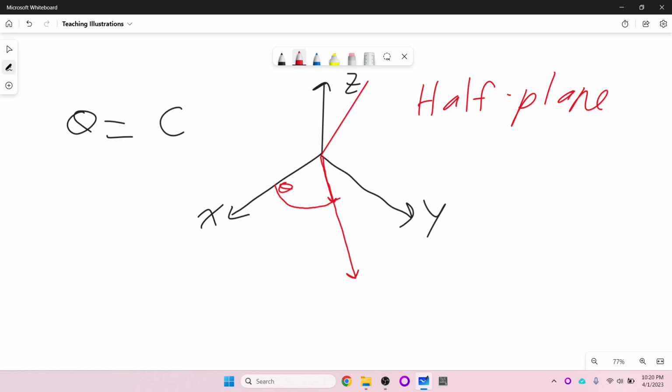I want you to imagine there's this line in the ground, or this ray, I suppose, because it only goes one direction, and a plane or a sheet of metal shooting up and also shooting down. Okay, so that's a constant theta. It gives you this half plane.